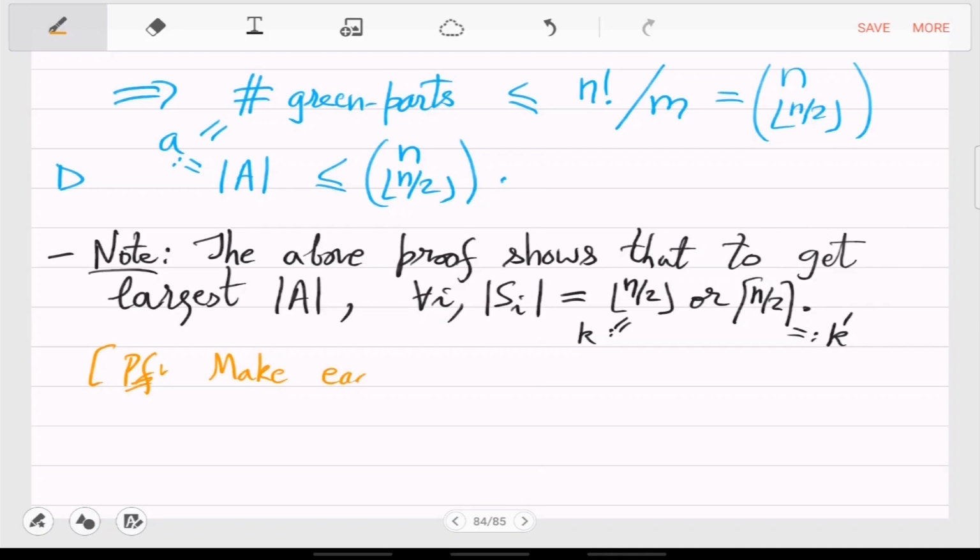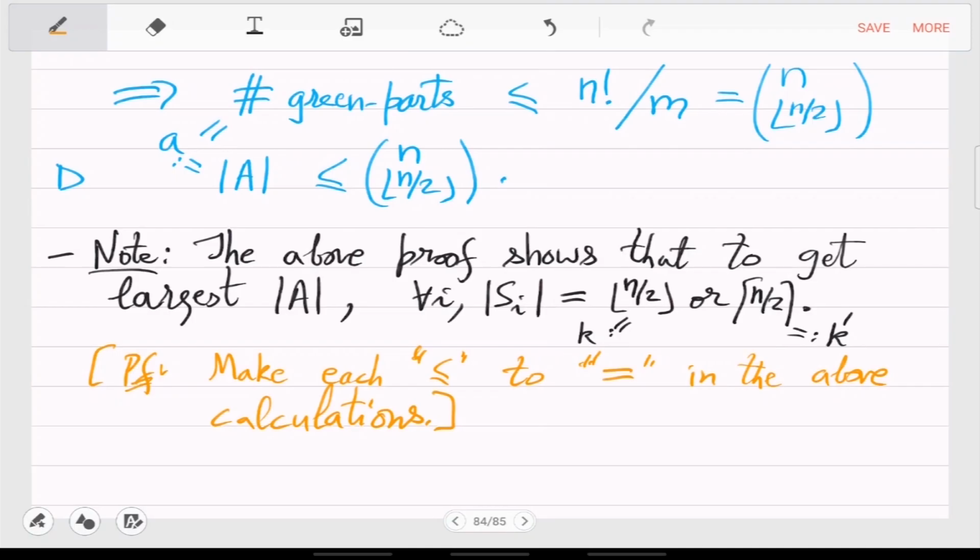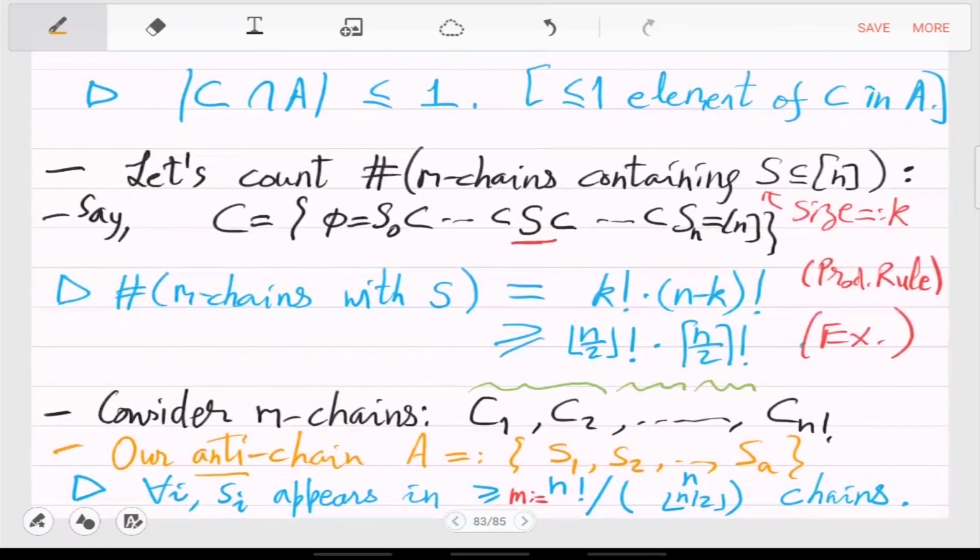So make each less than or equal to into equal to in the above calculations. Okay, so that will give you the size, and k, remember, is the size of the set S, right?